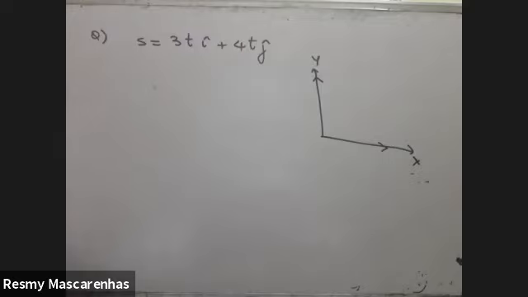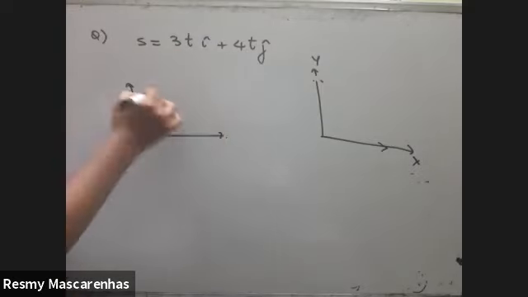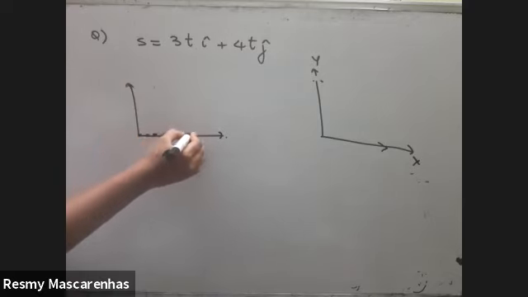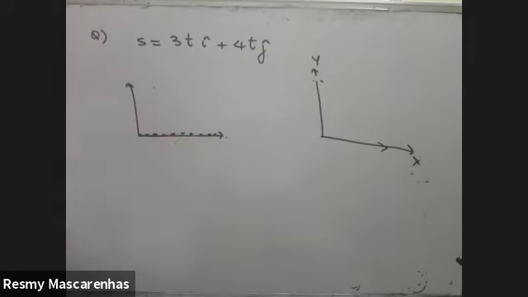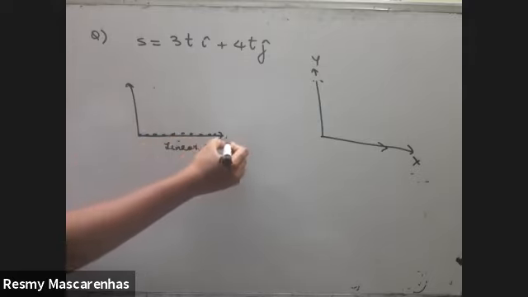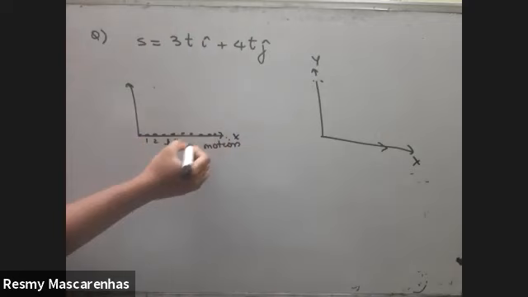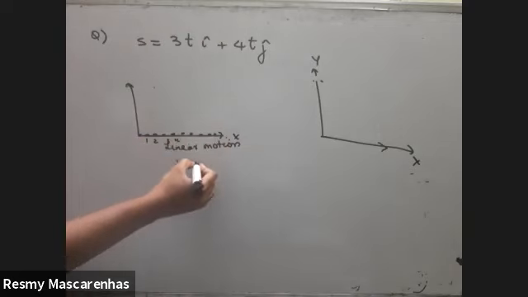What exactly it means is, suppose you have a normal graph, and the person is walking straight like this only. This is called linear motion, going exactly in a straight line. If you notice what is changing here, 1, 2, 3, 4, only the x component is changing.